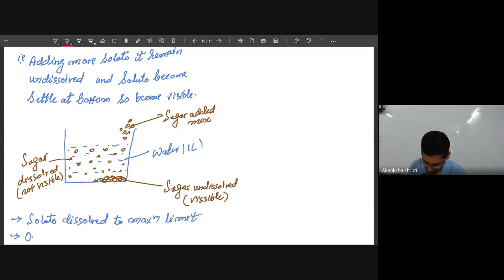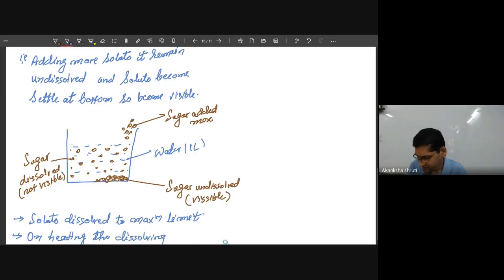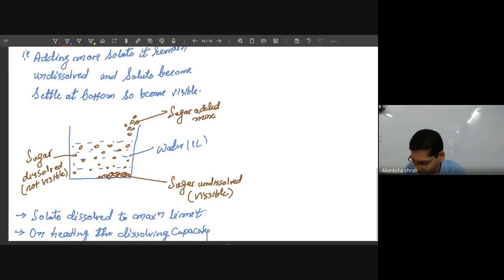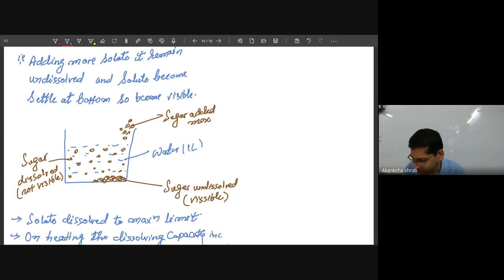On heating, as you do in your kitchen, the dissolving capacity increases. I will also write this later.